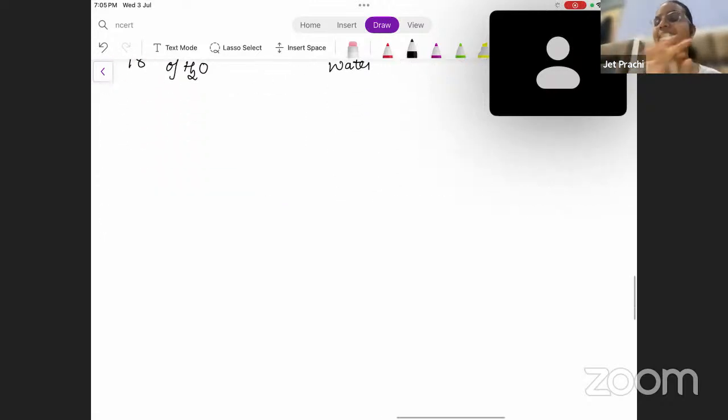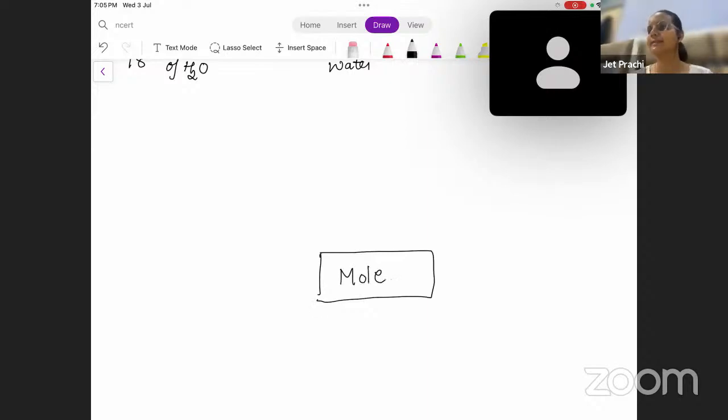So here, we'll just relate all the things in one place. What you have to do from here is make the same thing on plain paper and keep it with you so that you can revise it again and again. So what we are trying to find is moles. And there are certain quantities that may be given to us.